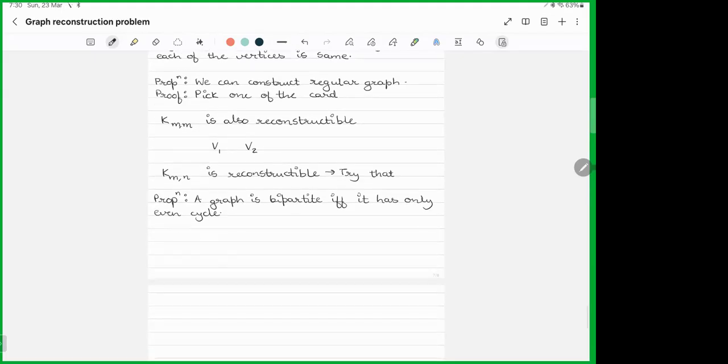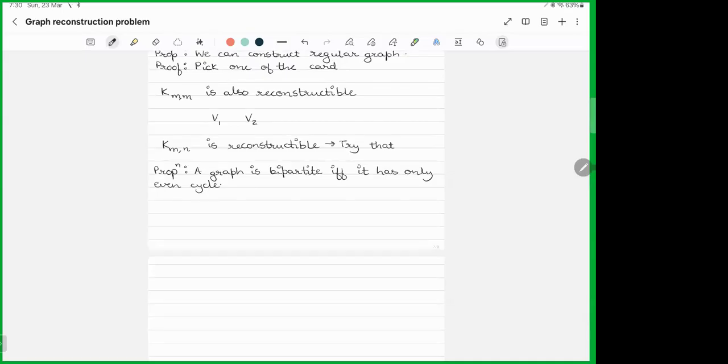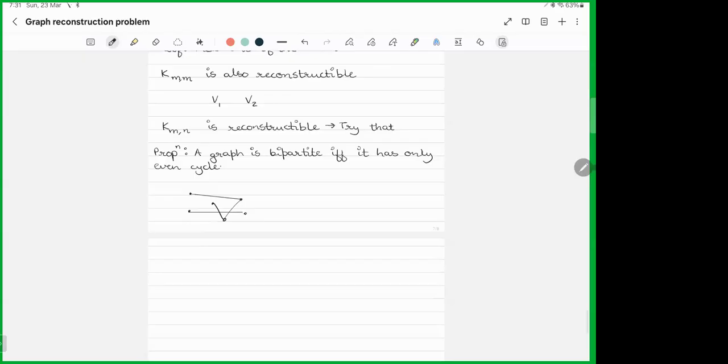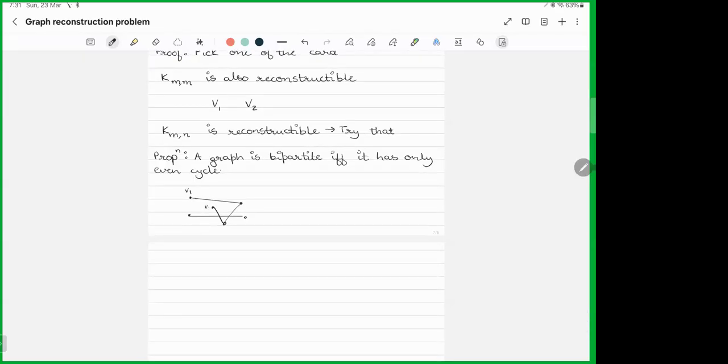Now the next thing I wanted to tell you is, do you know what a disconnected graph is? Let's look at this particular graph. If I want to move from this vertex V1 to, let's say, V3, and I can only move through edges, then I can't go, right?